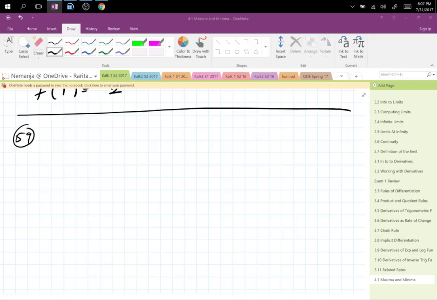So the problem is secant x on the interval negative pi over 4 to positive pi over 4.